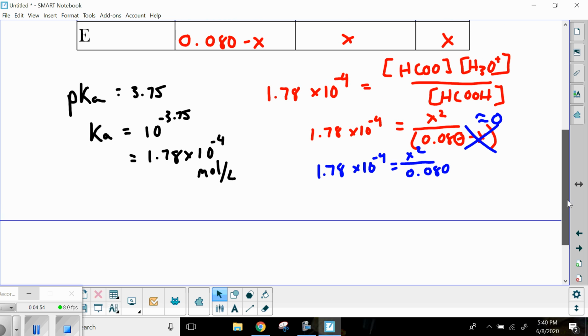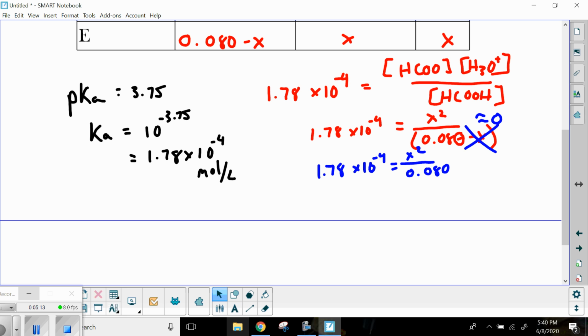Now, if you were a purist and said, hey, we just really can't disregard that X, you have more right than ever to solve for X using the quadratic equation, and you'll end up getting a number really close to what I'm about to solve for. So I'm going to solve for X here.